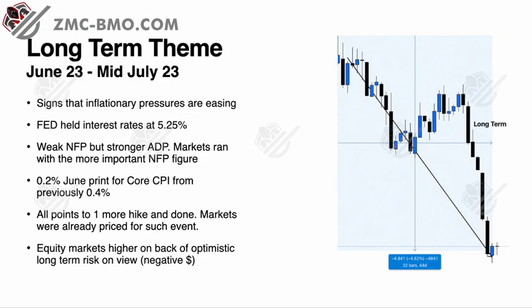Markets were already priced for this event anyway. They were expecting it even before the fall in core CPI. So this wasn't any new news for the July hike, but then it questioned the September hike. And equity markets were higher on the back of an optimistic long-term risk-on view.